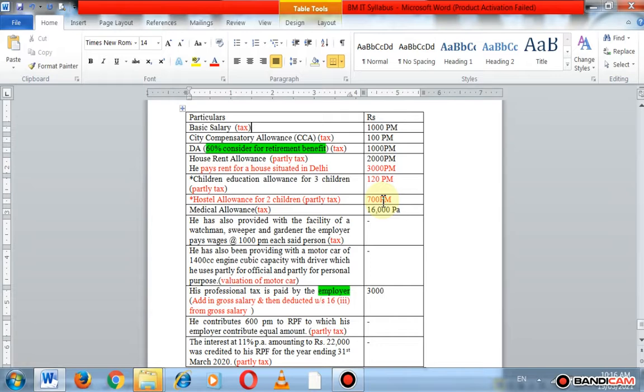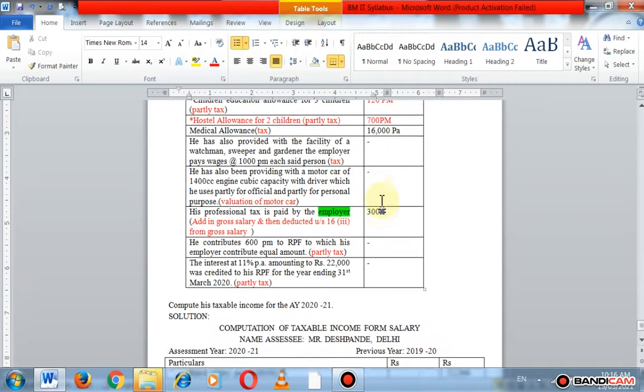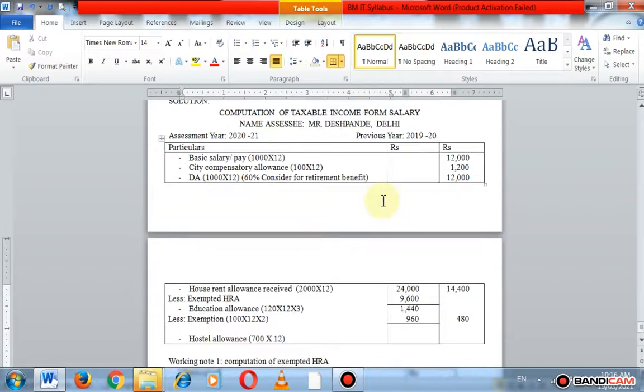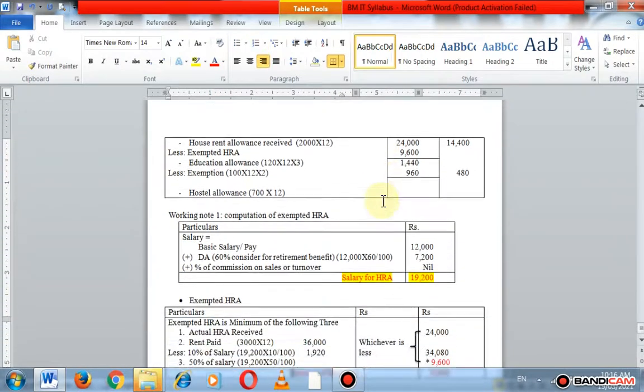Got it? So 700 multiplied by 12, we get a figure in the outer column, that is 8,400.